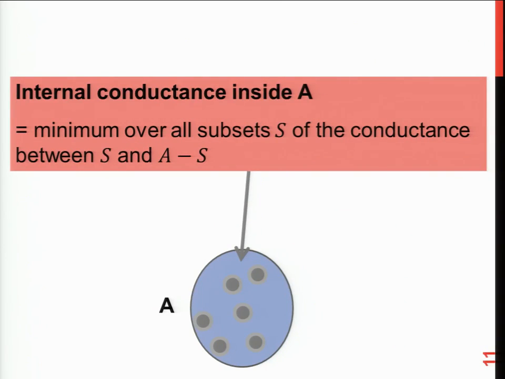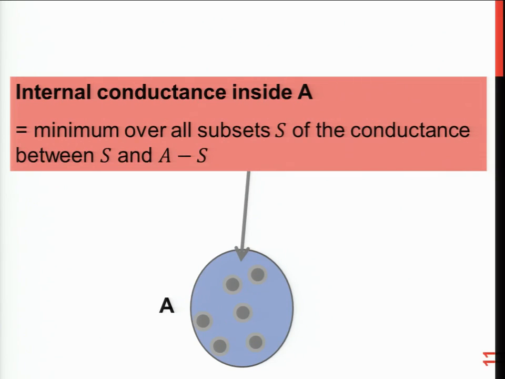Also, for the clustering problem, we wanted each group, each cluster by itself, to be well connected. What does that mean? One way we can define this is to say that the internal conductance of A is large. What is the internal conductance?